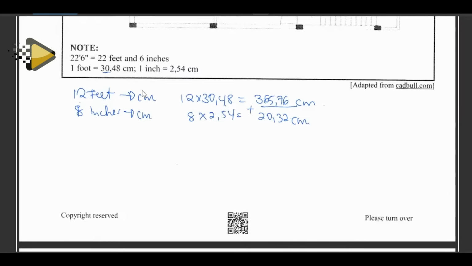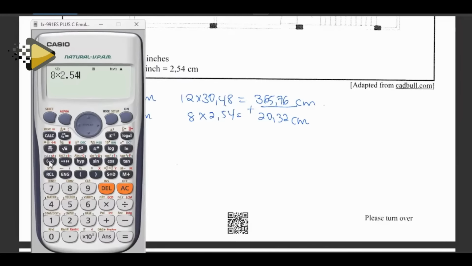What do we do? We add them up. Allow me to store this in A, and we go to this other one here. Allow me to store this in B. So we shall add 365.76 plus 20.32.